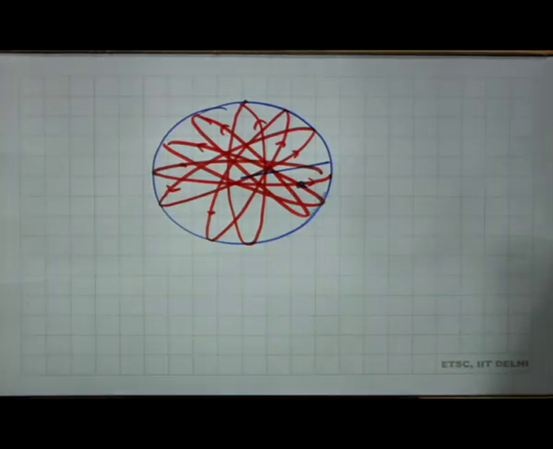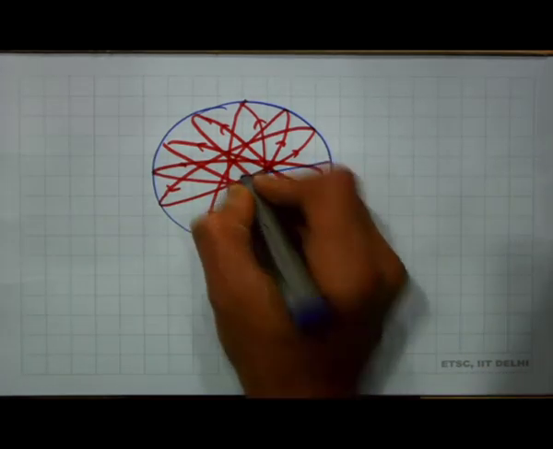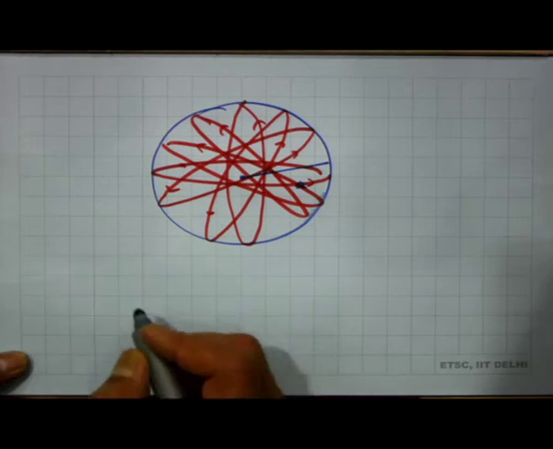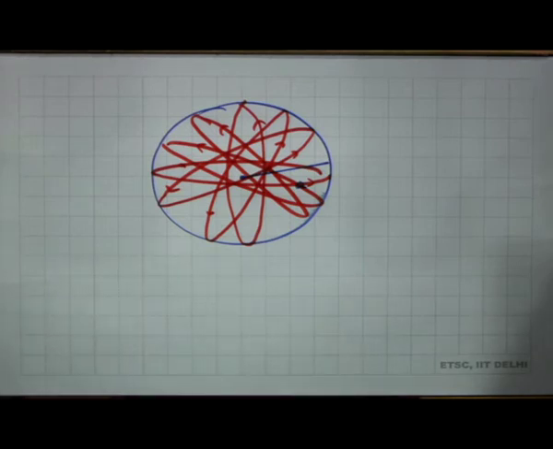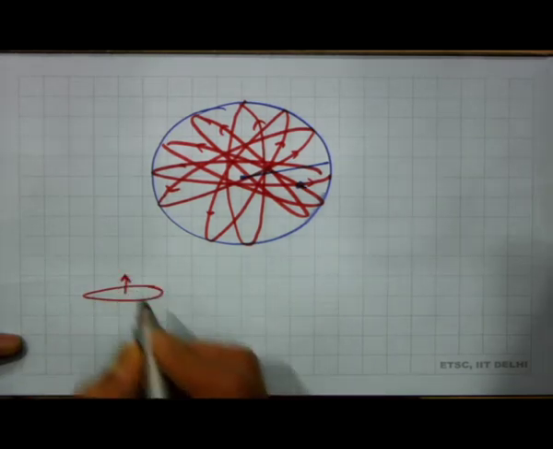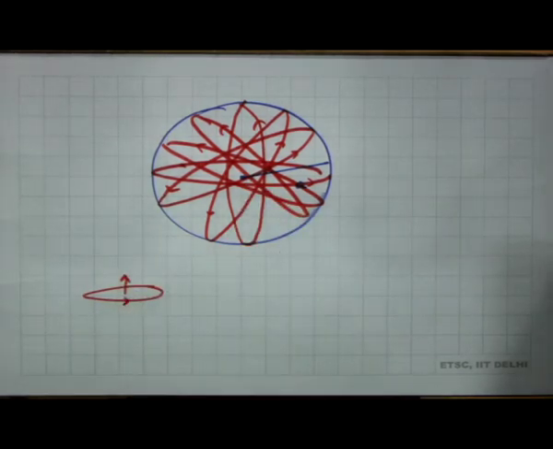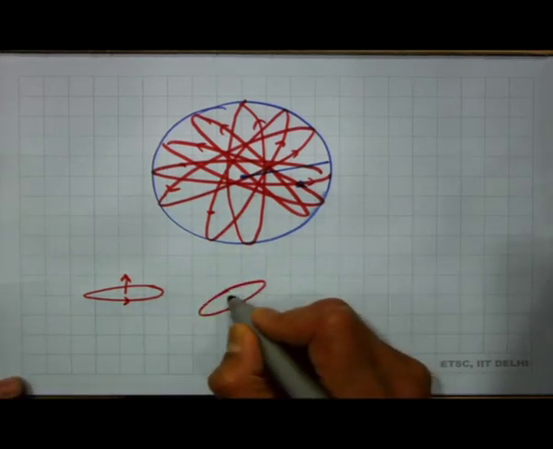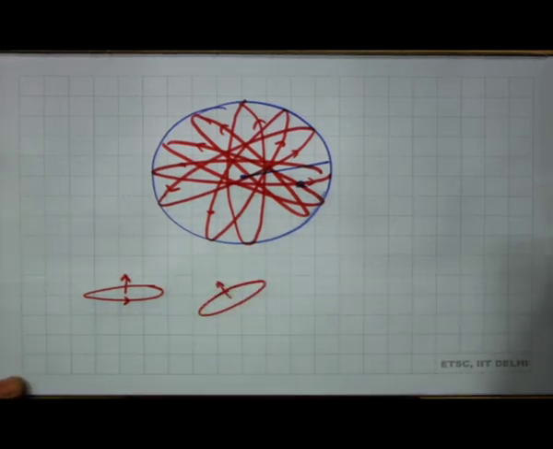So, the problem is to calculate the magnitude of the magnetic field at the center. Now, what is actually happening is, for example, the horizontal winding will produce a magnetic field like this at the center. The next winding, which is at 30 degrees, will produce a magnetic field at the same point slightly inclined.